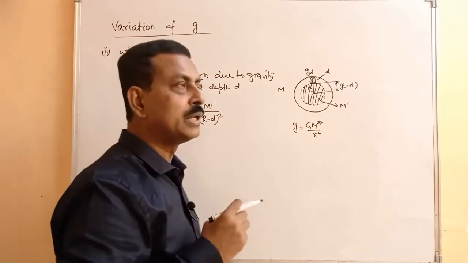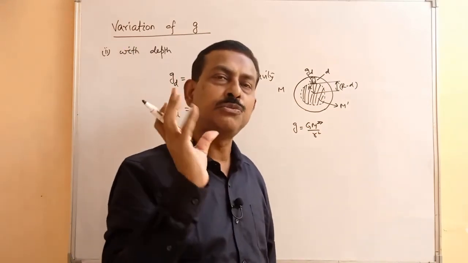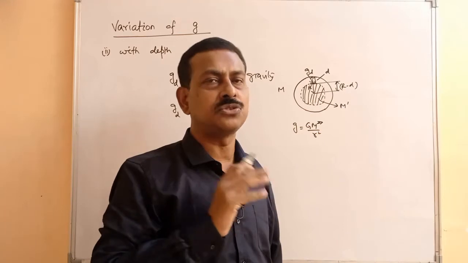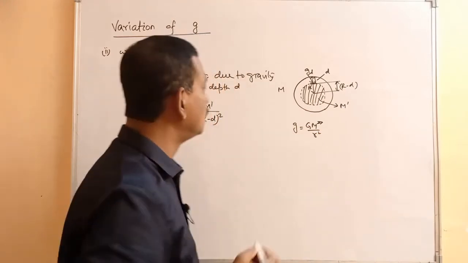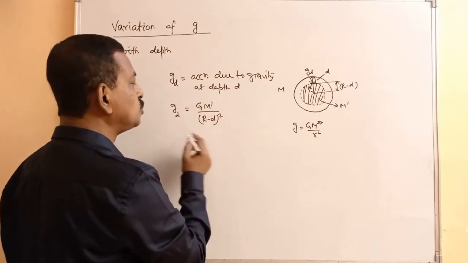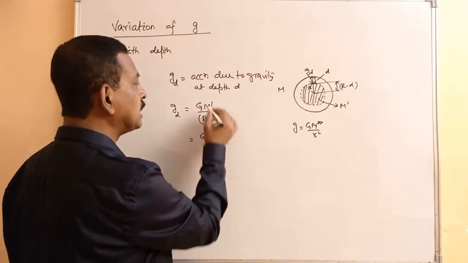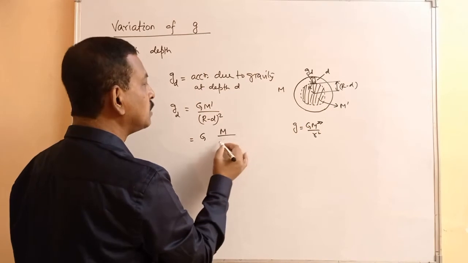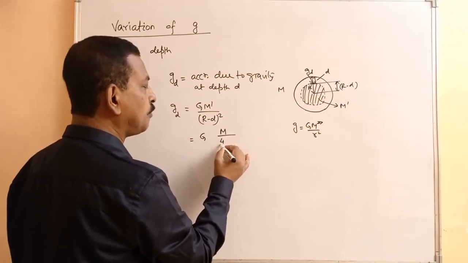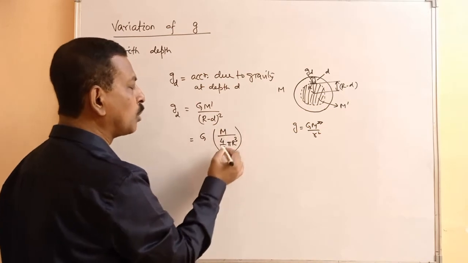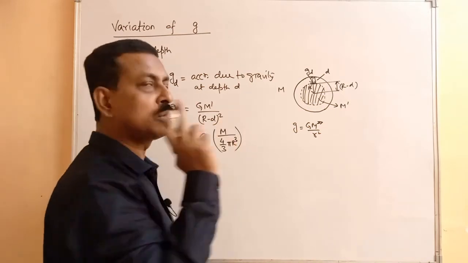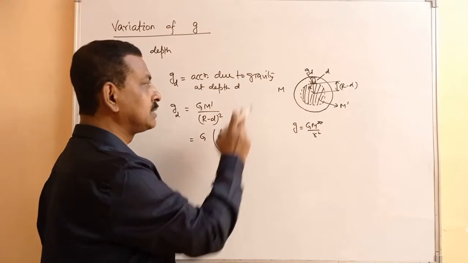Now, if I assume that Earth is made of uniform material, that means its density is the same everywhere, then what can we take? Mass per unit volume is M by 4 by 3 pi R cube, where M is the mass of the earth and R is the radius of the earth.